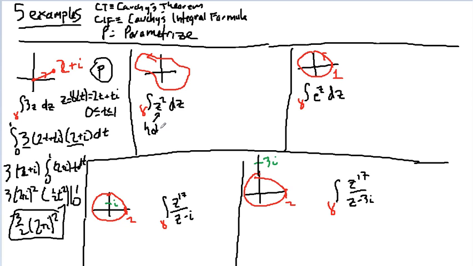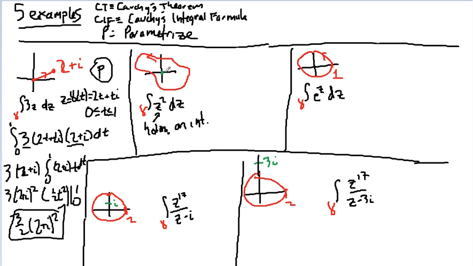The integrand is holomorphic everywhere. That's really the question: where is the integrand holomorphic? It's holomorphic everywhere. It's holomorphic on the interior. So that means that this curve is homotopic to this point. And everything's holomorphic. Sorry, homotopic.